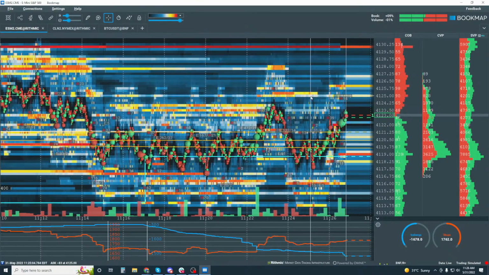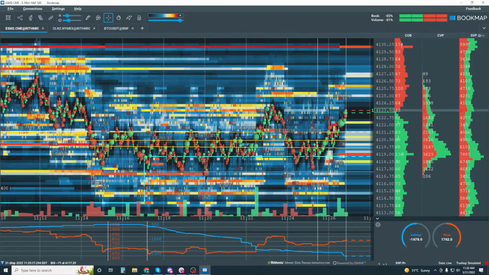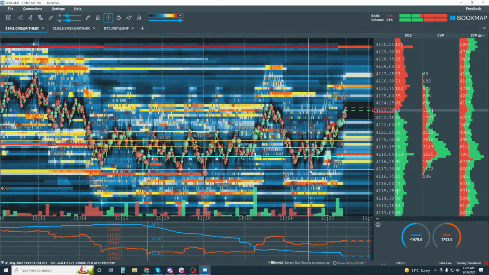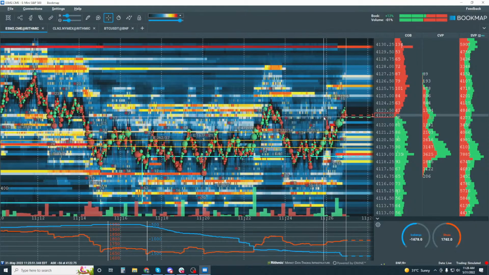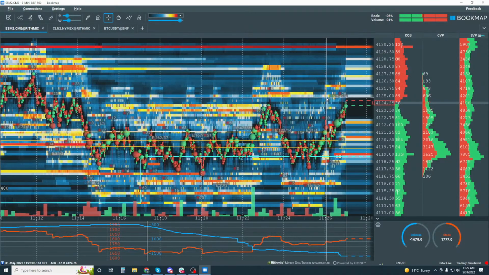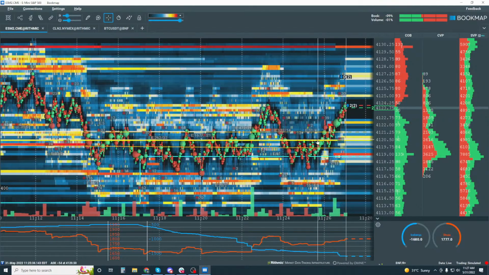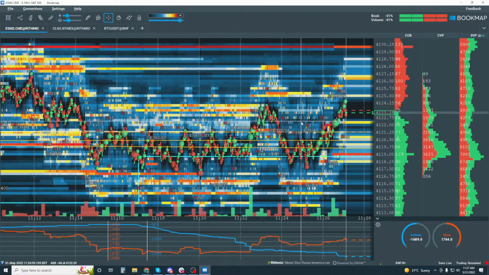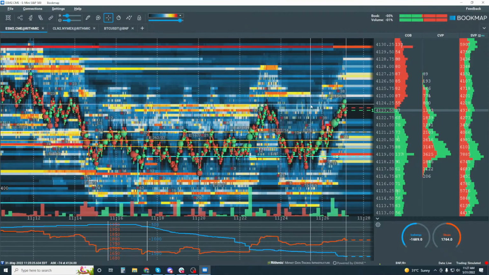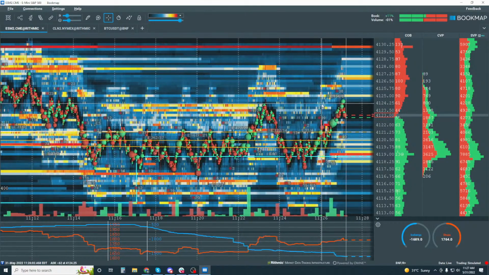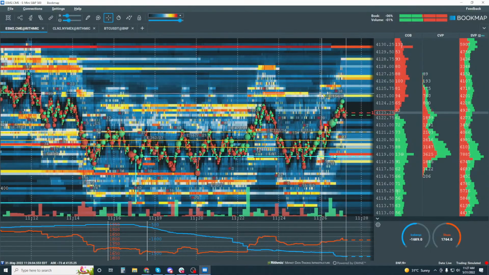The liquidity's up here at 25 though. There's 24. So just back to the top of this little range here, around 24.